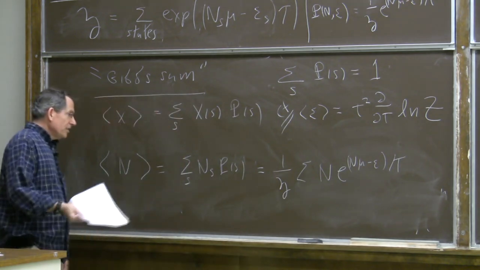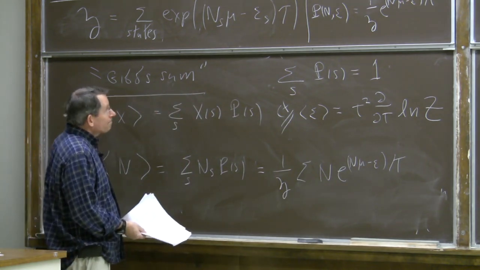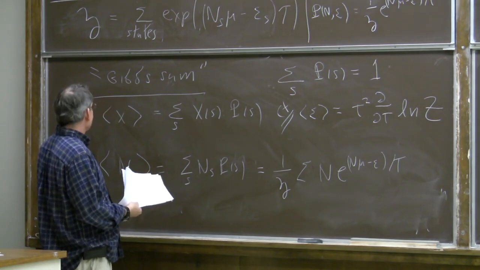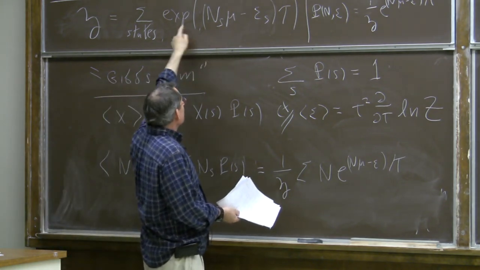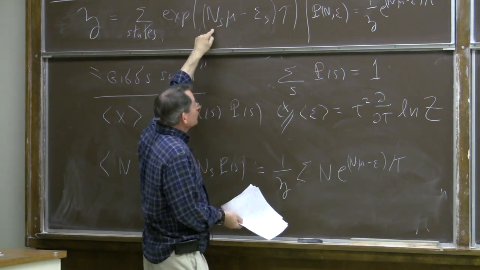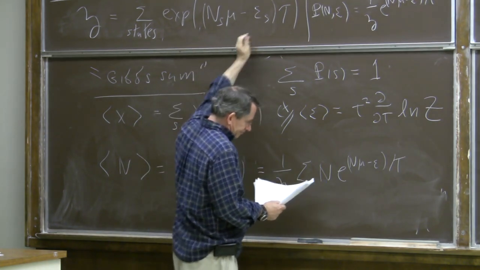So if I differentiate the Gibbs sum with respect to chemical potential, that'll bring down in front of the exponential the particle number divided by the temperature.